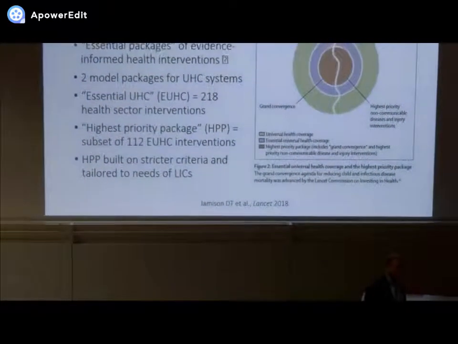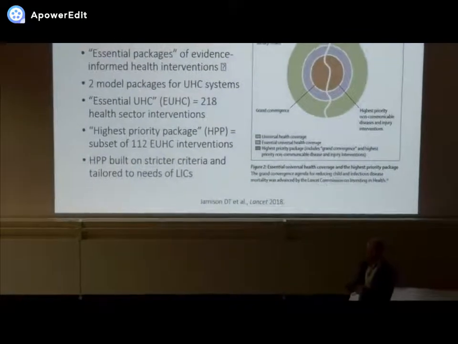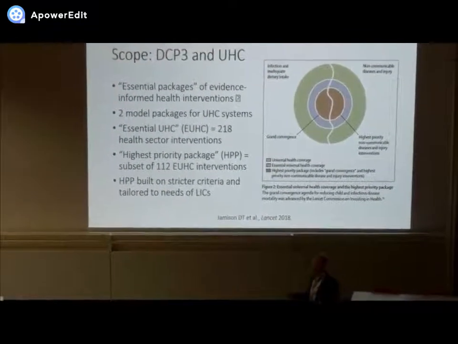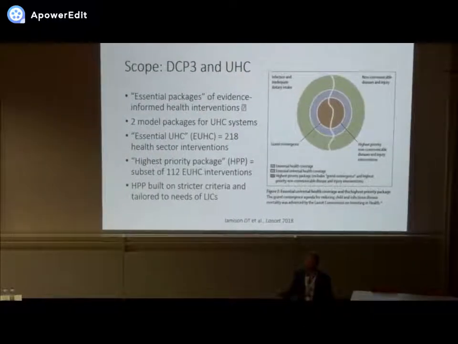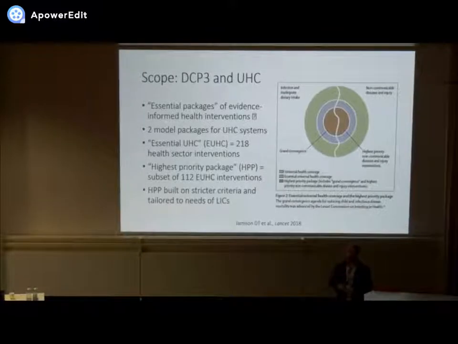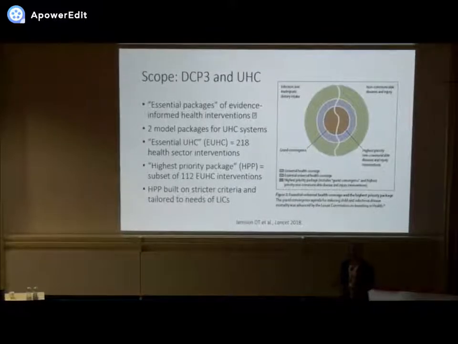These packages, there's 21 of them, and they're oriented around a certain disease or professional communities such as cancer, cardiovascular disease, surgery, reproductive health. And they synthesize lists of interventions that have evidence for cost effectiveness, relevance, and feasibility in low and middle income country settings.